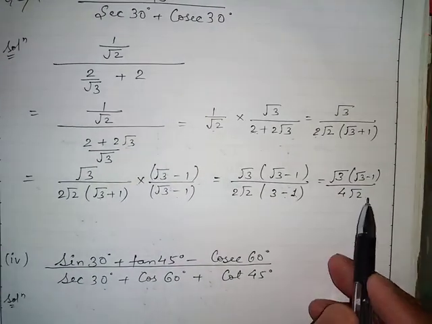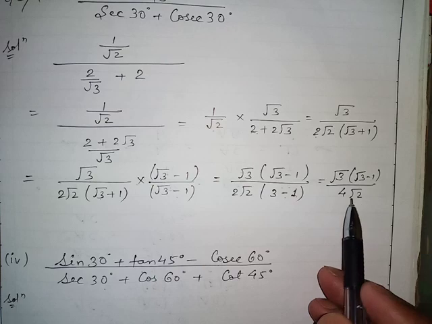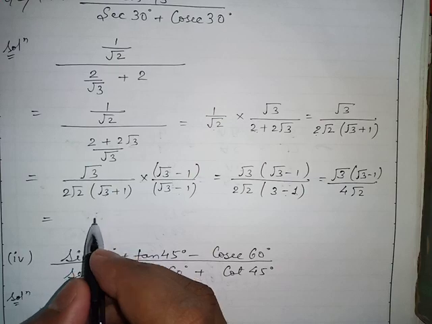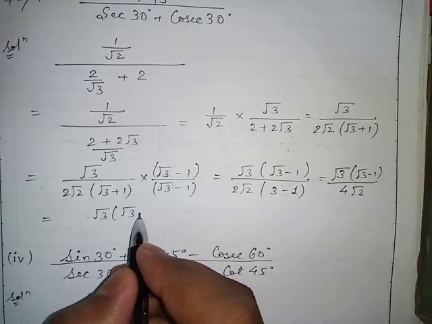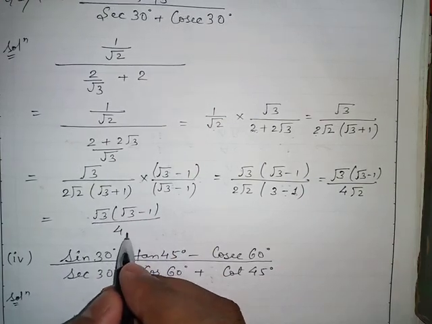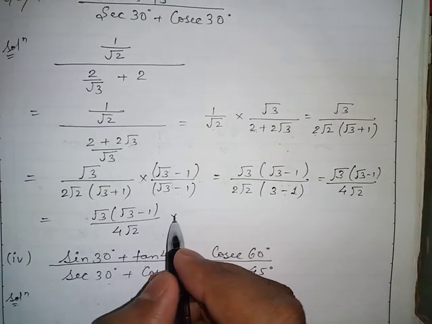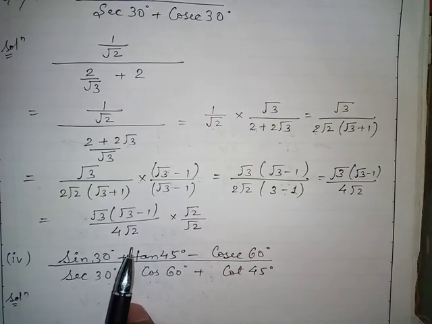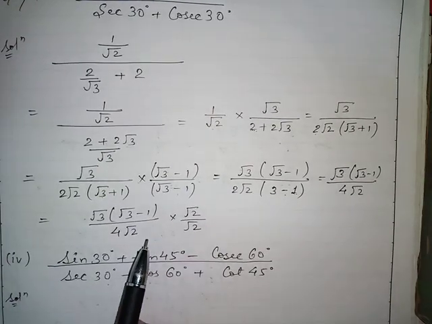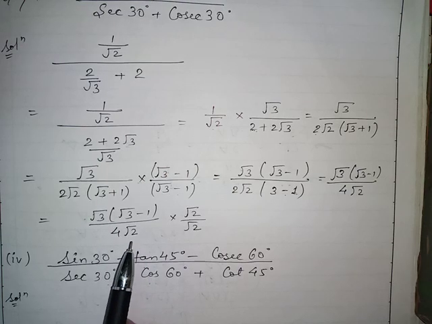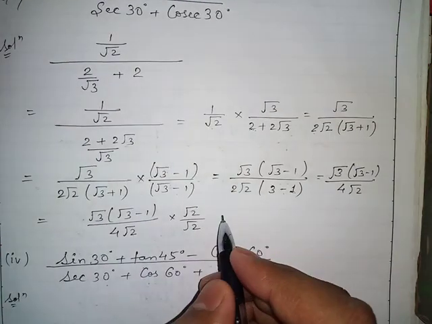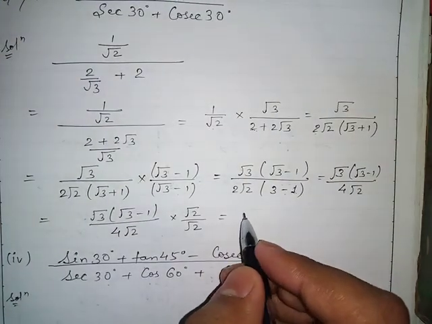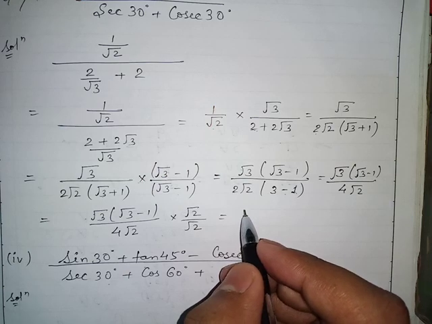Again in this part I will remove this root 2. Again you have to rationalize. Now see, that is root 3 minus 1 by 4 root 2 into root 2 upon root 2. You will rationalize it until this root 2 is removed from the denominator. Now multiply this root 3 into root 3, that is 3.